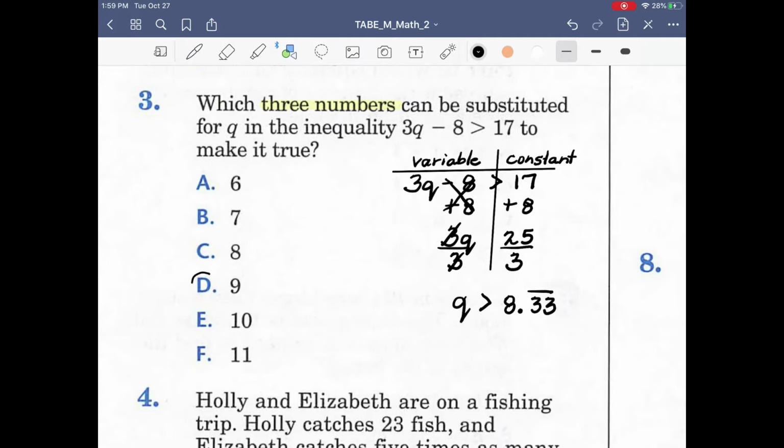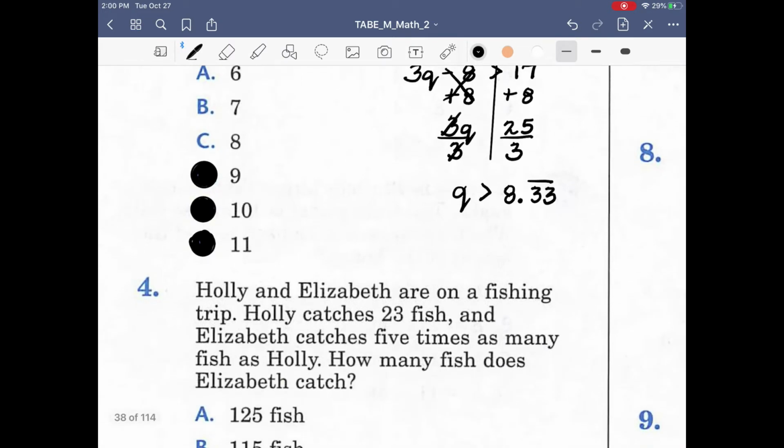And so I will choose the 9, the 10, and the 11. Bigger than 8.3. Don't let that decimal get you rattled. The inequality tells you that Q has to be greater than 8.3. Number 3 is D, E, and F.